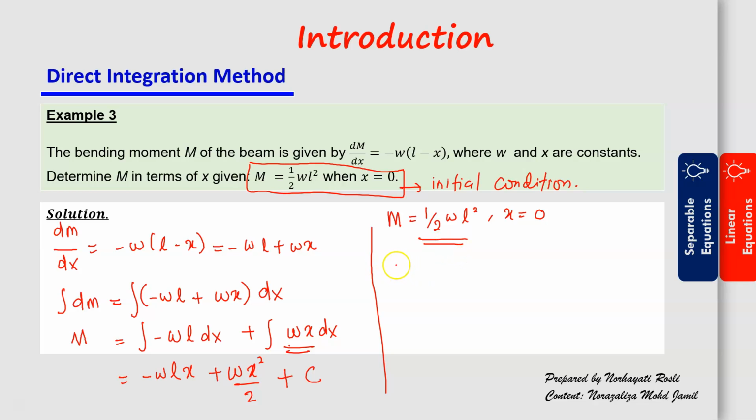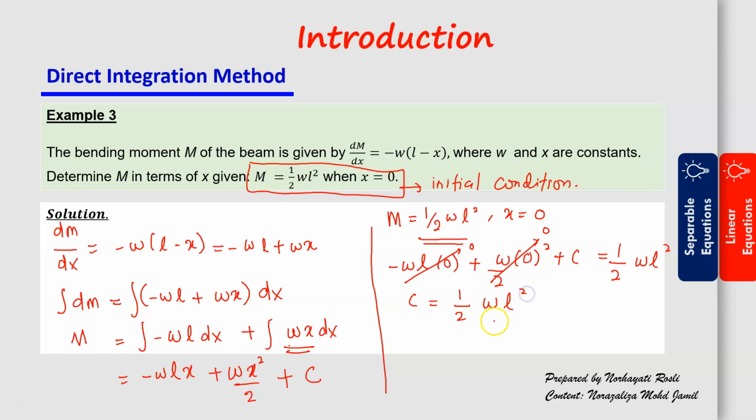So here we'll have negative WL times 0, plus W over 2 times 0 squared, plus C, equal to M, which equals 1 over 2 WL squared. When we solve this one, this part equals 0, and this one also equals 0. So C equal to 1 over 2 WL squared.